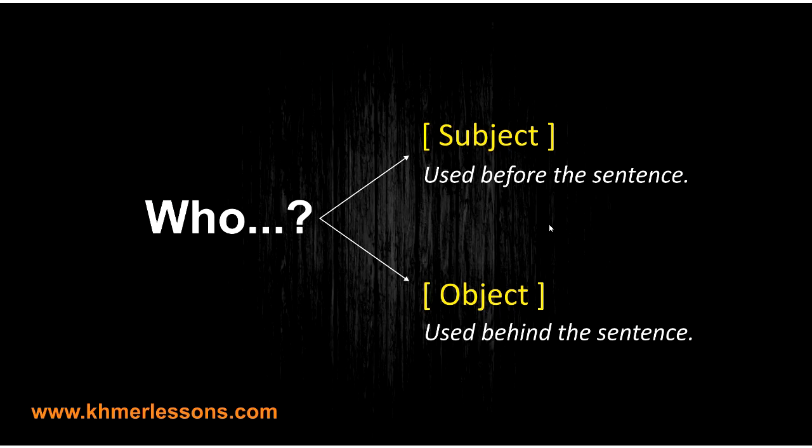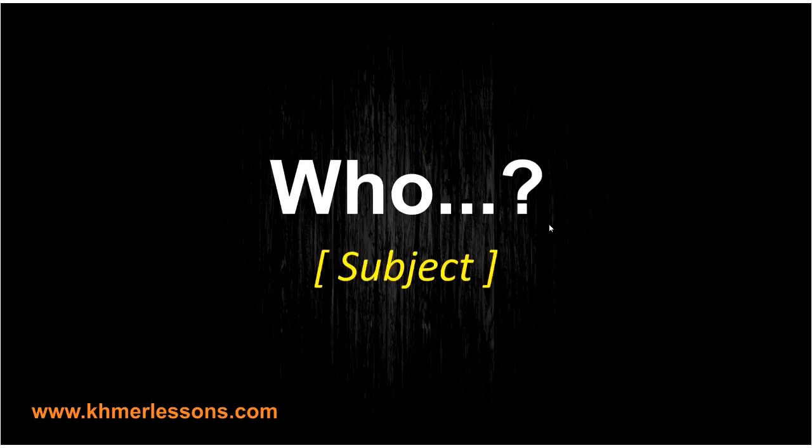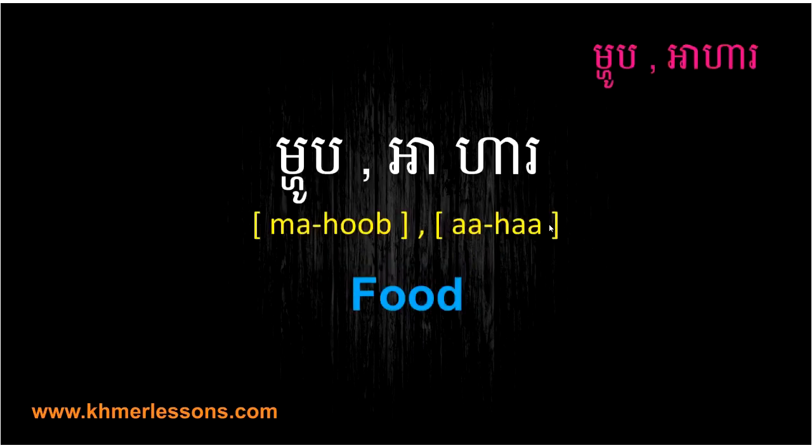Okay, so now we will start with using who as a subject first. Before we learn the sentence, we will learn some vocabulary first. Here is the word food. For food, you know already that you can say it two ways.